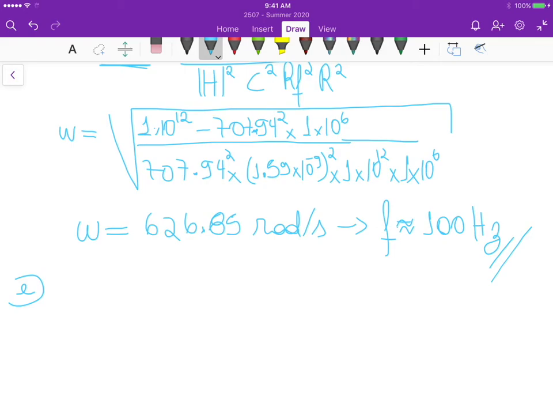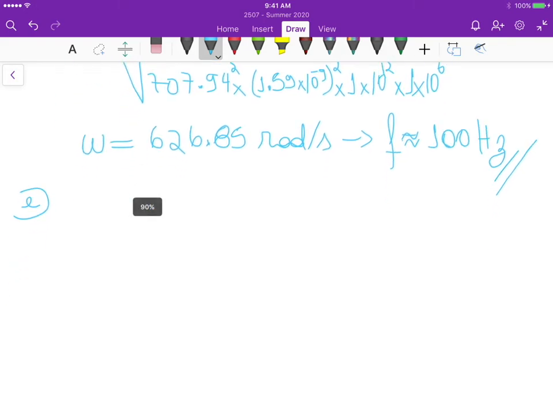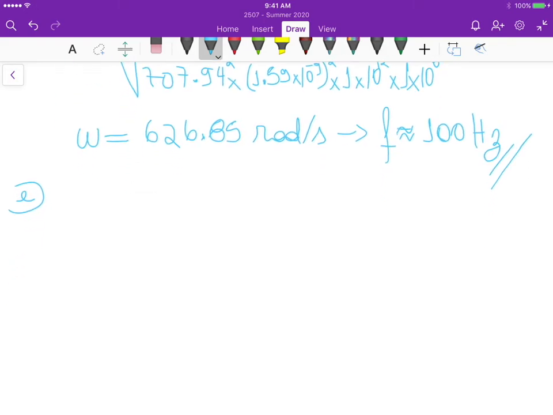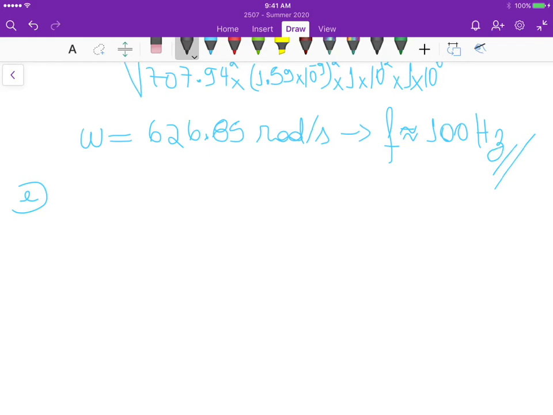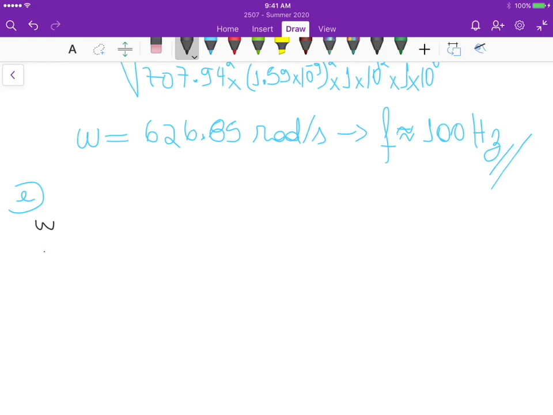For the Bode plot, you can create a table. In my case, I went from 1, 10, and then I also included 626, because that's exactly the point of interest for the 3 dB point.